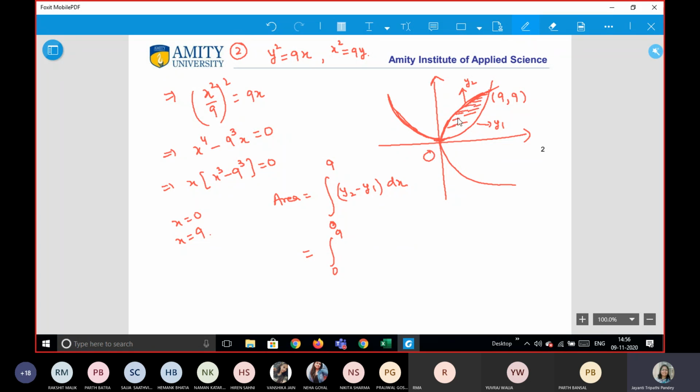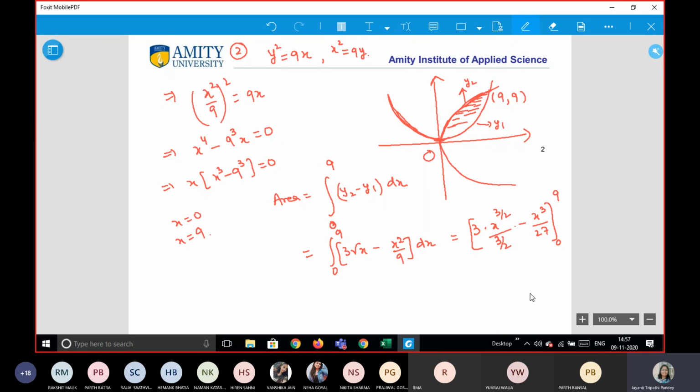0 to 9, so this is root 9x. That is 3 root x minus x square by 9 dx. So when you solve it, let's write 3 x to the power 3 by 2 minus x cube by 27, 0 to 9.